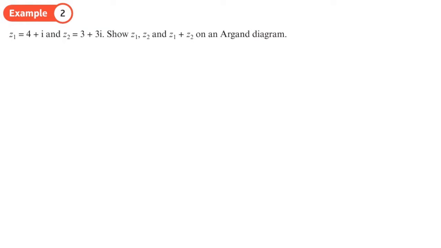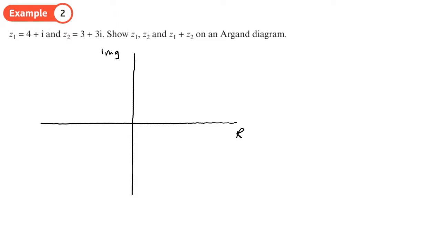Well, we've got some other ones to draw on an Argand diagram. Here, my imaginary axis, my real axis, and I'm drawing Z1 and Z2. So Z1 is 4 plus i, 4 across, 1 up. So that is Z1. Z2 is 3 plus 3i, so let's call this 3 and 3 about here.